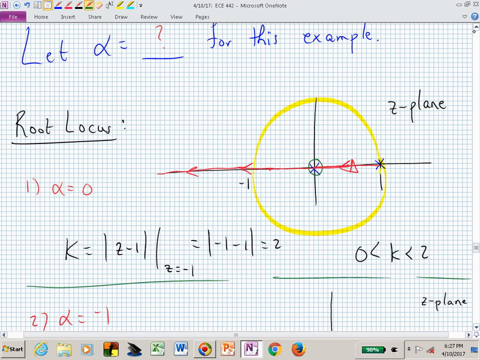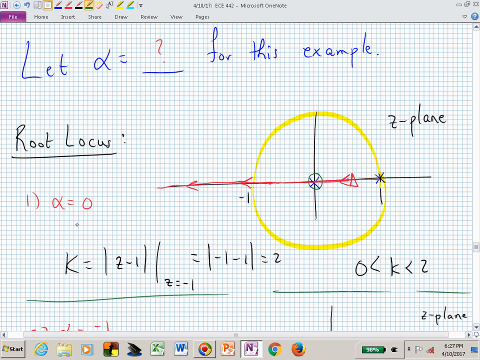Alpha equal to 0, what makes that okay? So we are looking to make sure that a choice of alpha is such that we now have some possibility of having a closed loop stable system. And with that choice of alpha, we have a fair amount of choice or flexibility.